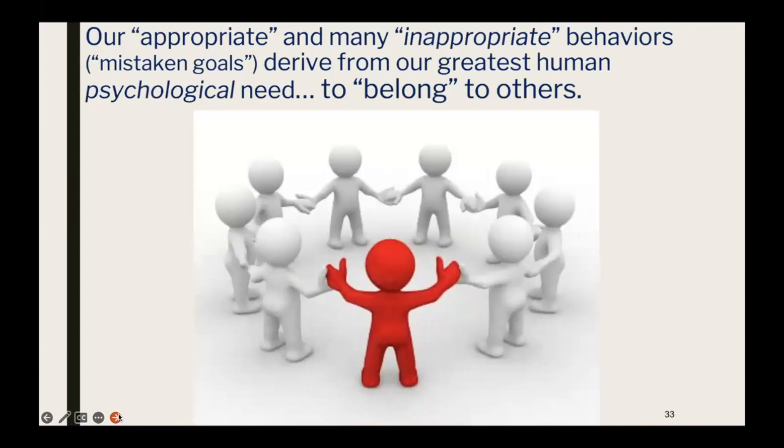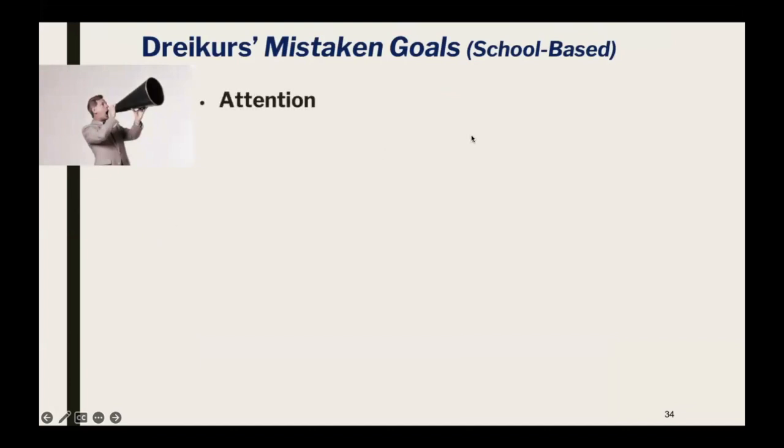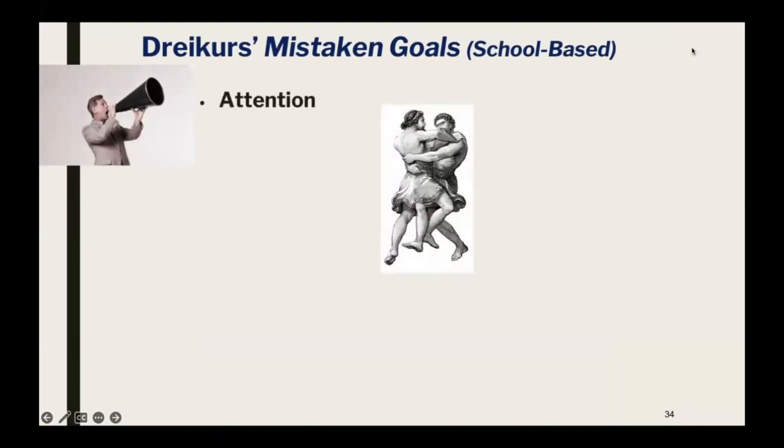Yes. And from the need to belong, the greatest human psychological need, the middle one on Maslow's hierarchy, comes a lot of our behaviors, sometimes inappropriate behaviors, that Dreikurs calls mistaken goals. And again, you'll find that inside one of your learning modules.